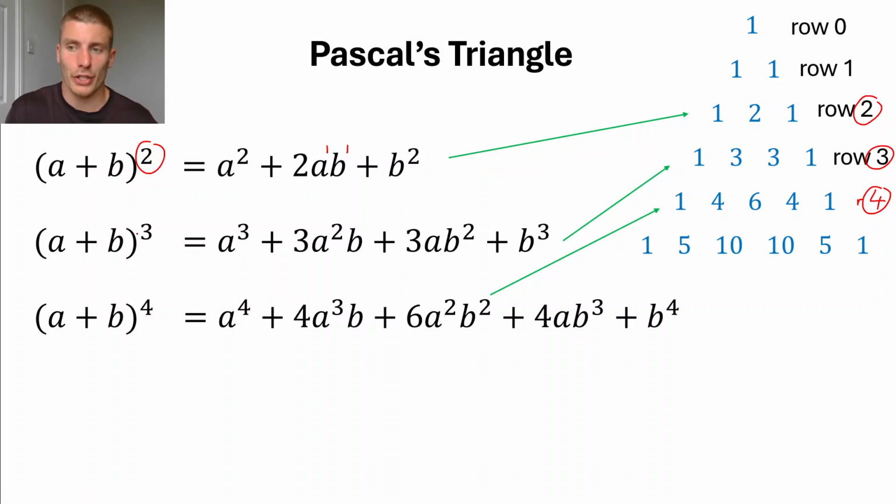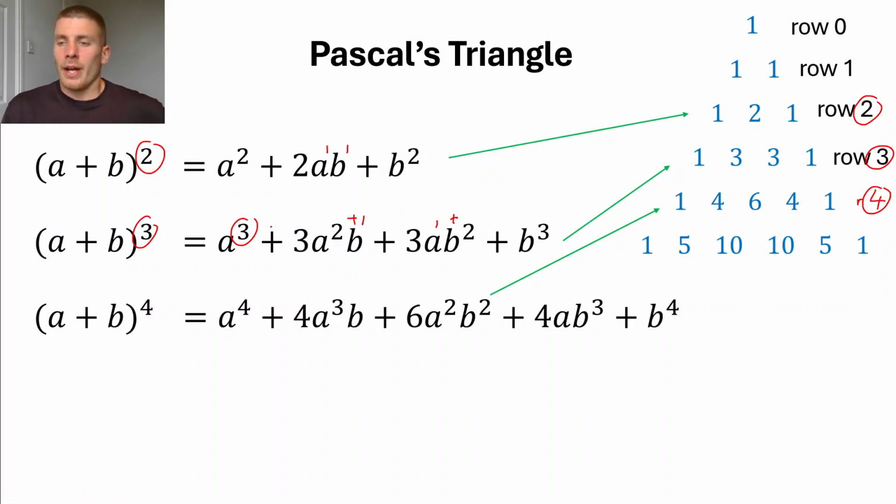So if we look at a plus b cubed, you've got a to the 3. The 3 is 3 over here. You've then got 2 plus 1 gives you 3. You've got 1 plus 2 gives you 3. And 3 plus nothing gives you 3. That's really, really important.